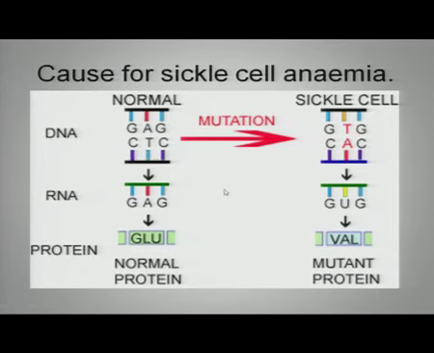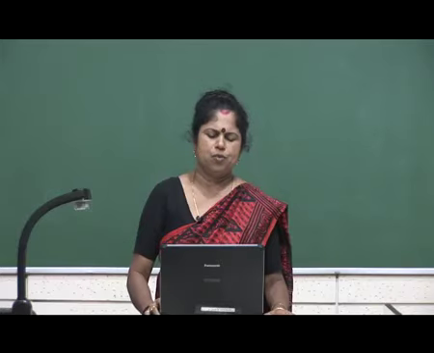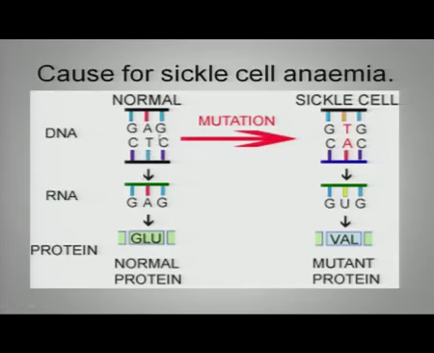So, because of this particular point mutation, the normal codon present in the mRNA changes from GAG. You see, C will be replaced by G in the mRNA during transcription. Here you can see the complementary base pairing.